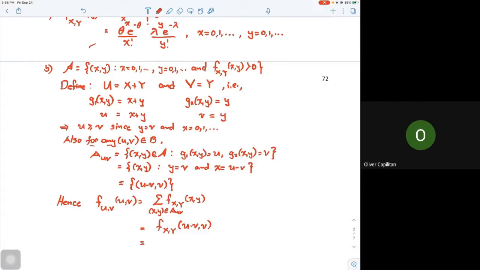So we have theta to the u minus v, e to the negative theta, over u minus v factorial, and then lambda to the v, e to the negative lambda, over v factorial.